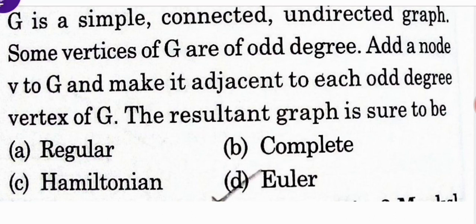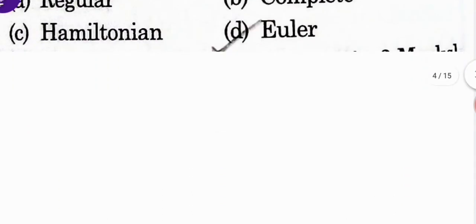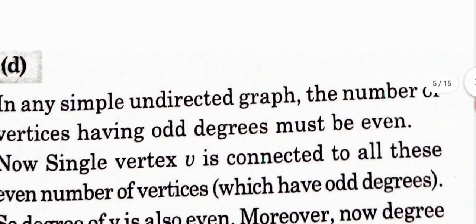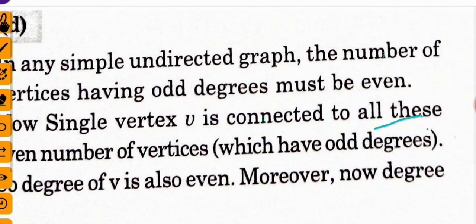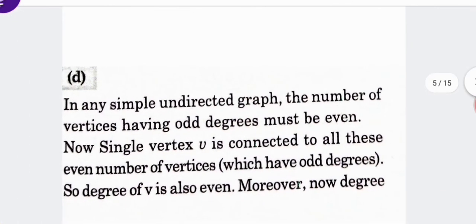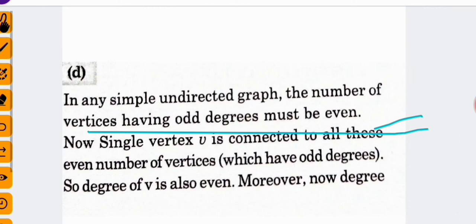Now come to the solution of this question. So here option D is correct. Why? For more explanation, we know that in any simple undirected graph, the number of vertices having odd degree must be even. And now the new vertex V is connected to all of these even number of vertices which have odd degrees. So the degree of V is also even.